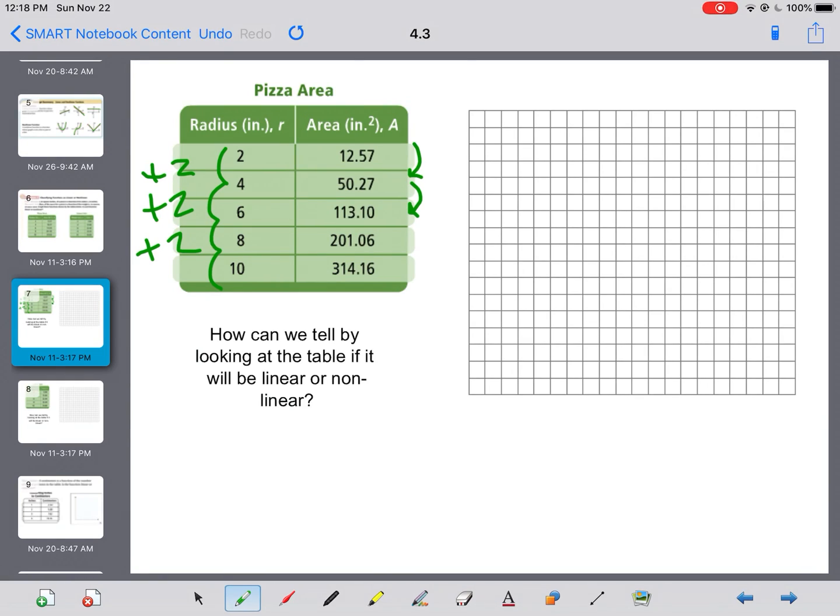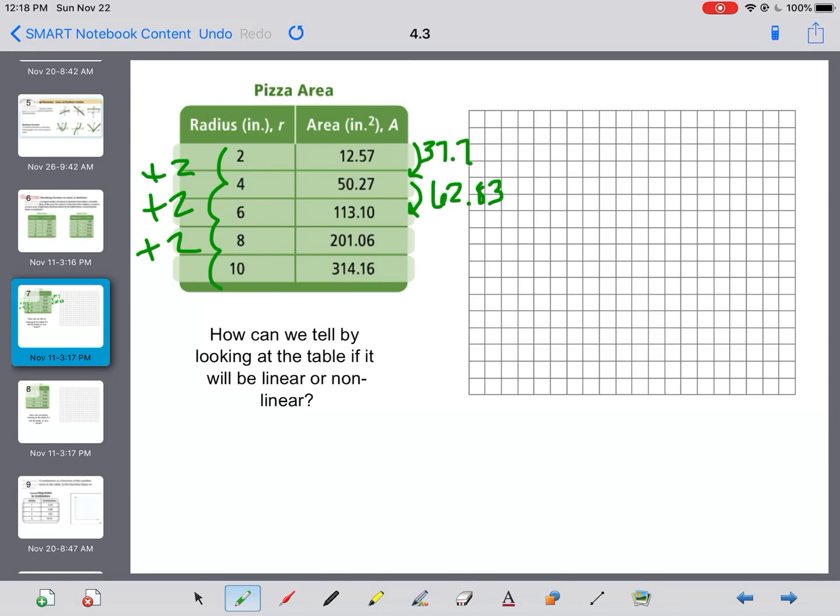These appear to be going up by 2s every time. And these don't look like they're changing by the same amount. To get from 12.57 to 50.27, we're adding 37.7.